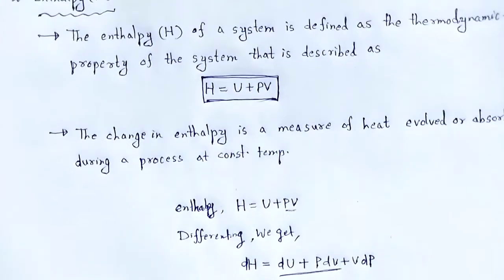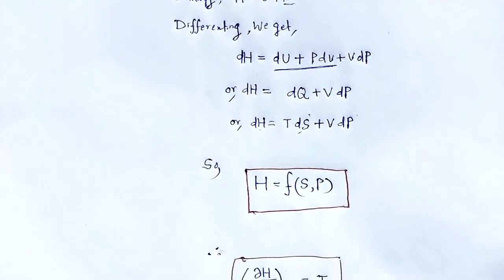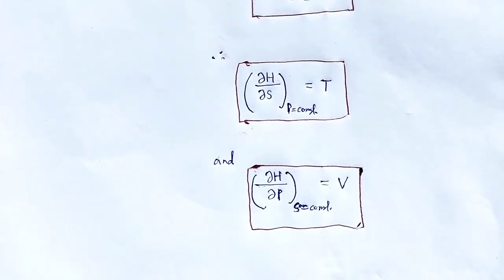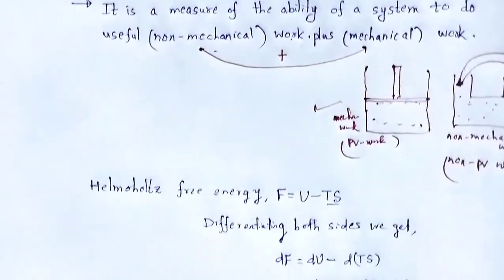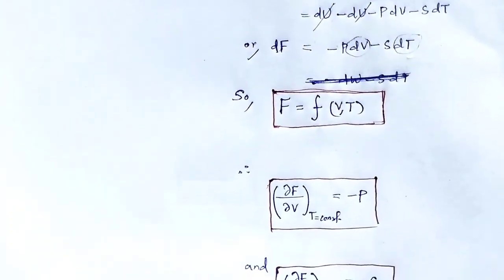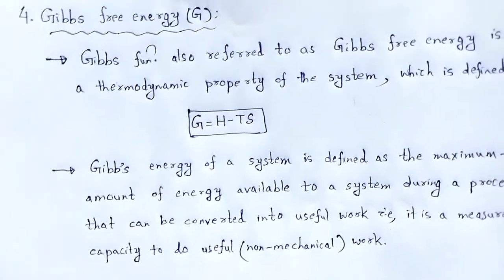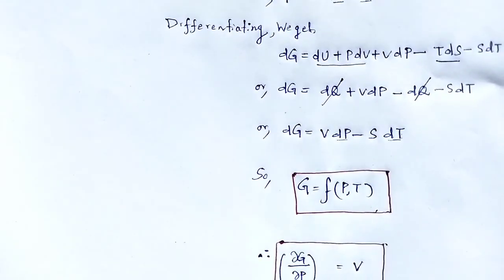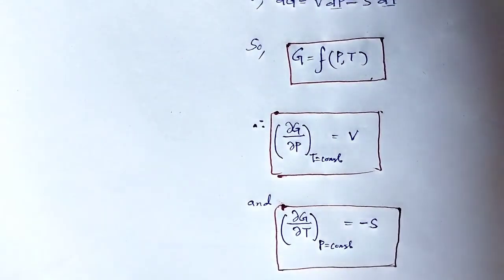Again enthalpy, which is a function of entropy and pressure, then its partial differentials. Again Helmholtz free energy, which is a function of volume and temperature, and its two partial differentials. And Gibbs free energy, which is a function of pressure and temperature, and its two partial differentials.